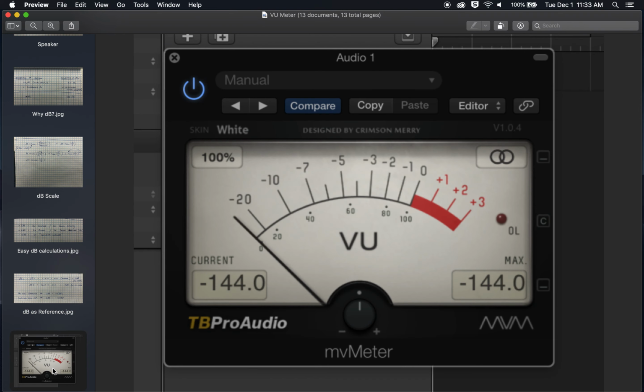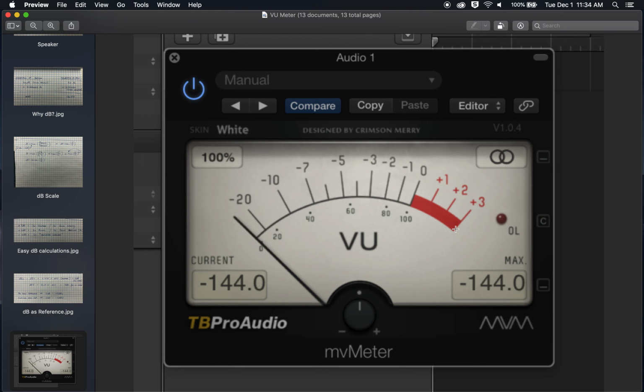So why is metering important? Well, metering is kind of your reference to what you're doing, and ultimately the goal is just to not clip, right? We don't want distortion. We don't want clipping. We don't want to go well into the red up here.